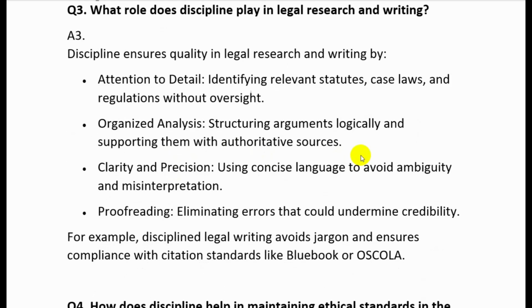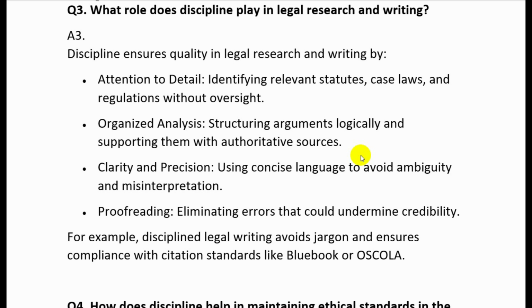What role does discipline play in legal research and writing? Discipline ensures quality in legal research and writing by attention to details, organized analysis, clarity and precision, and proofreading. All of this is very important in legal research. Quality is more than quantity.